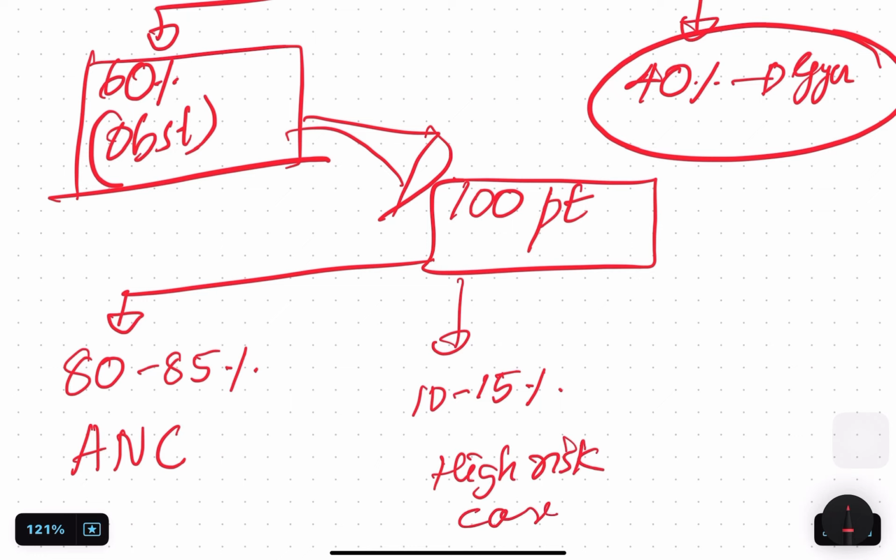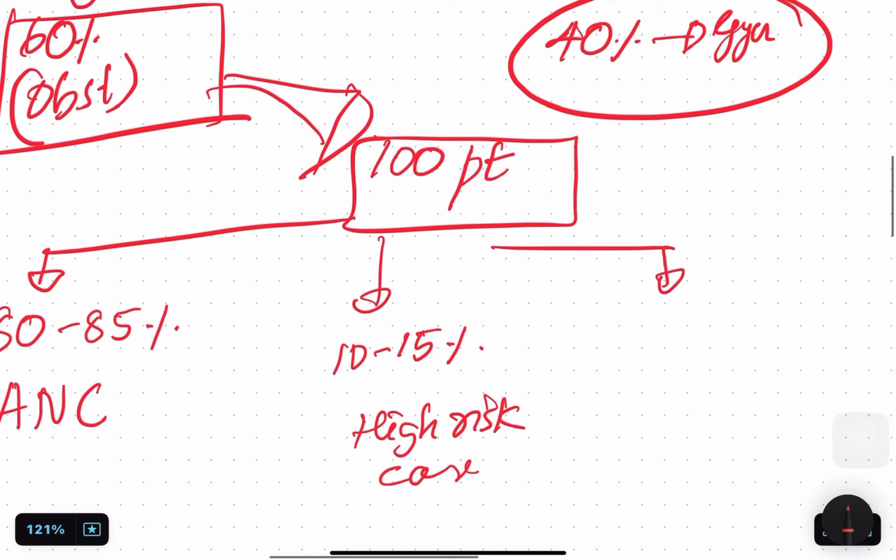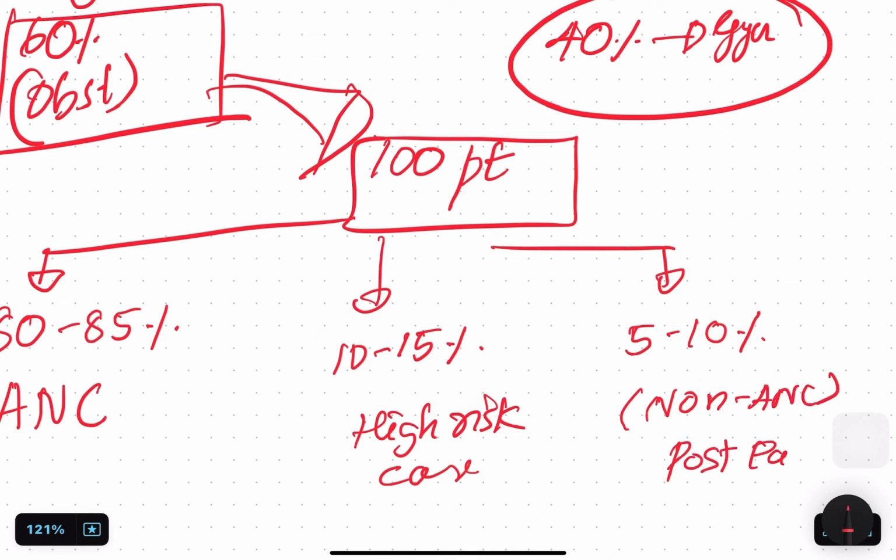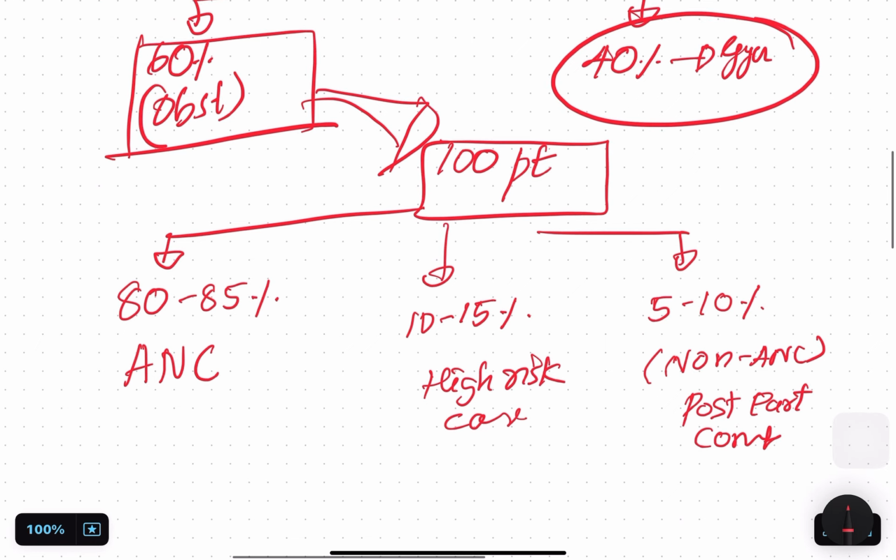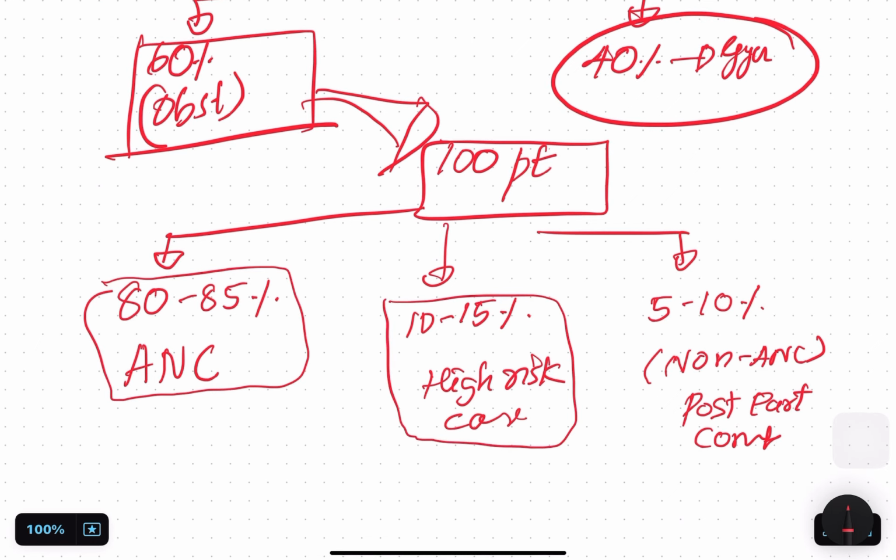Then almost 5 to 10% of the cases are non-ANC. What do you mean by non-ANC then? Postpartum complications, those are the things which are going to be included. So now if you attend an OPD, these are the cases which you can probably come to see.